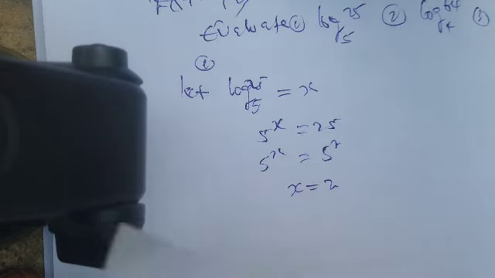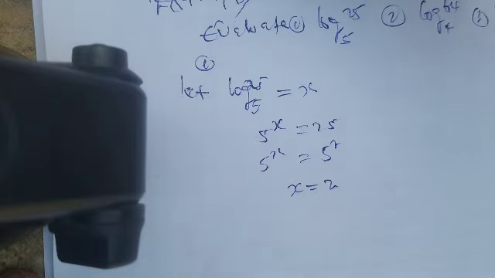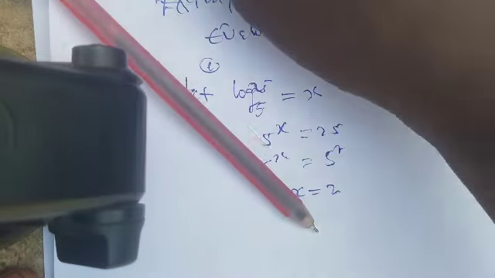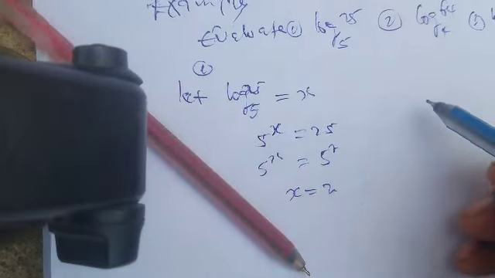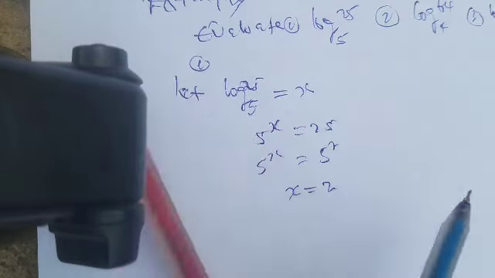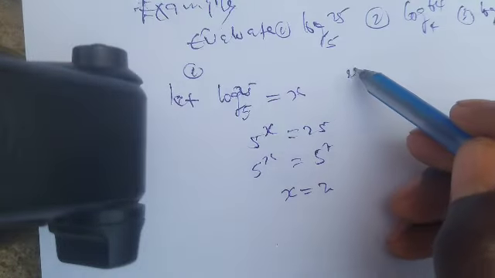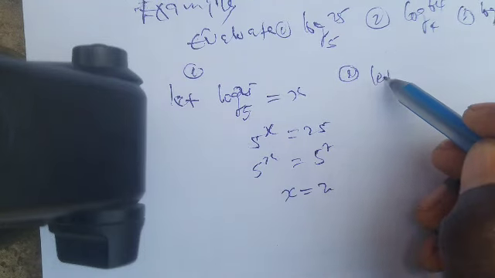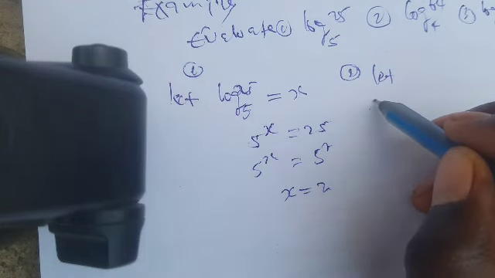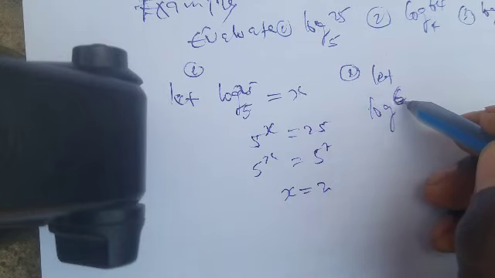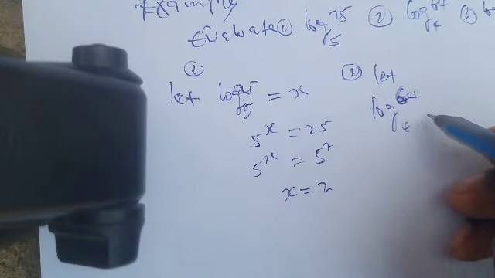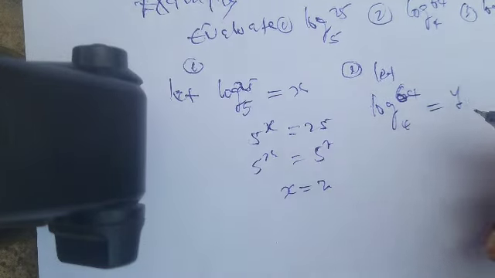Then when we take the next example, we do the same thing. For number 2, we let log 64 base 4 be equal to y, for example.